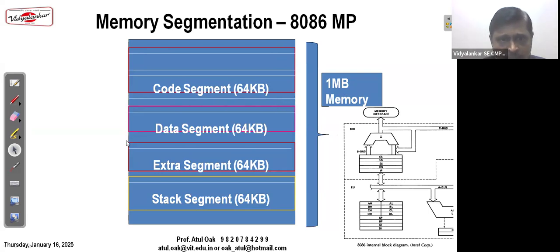This is one partition called data segment. This is one partition called extra segment. This is one partition called stack segment. So your microprocessor 8086 does not look at the memory as 1 MB, but it looks at the memory in segments of 64 KB. I again repeat.